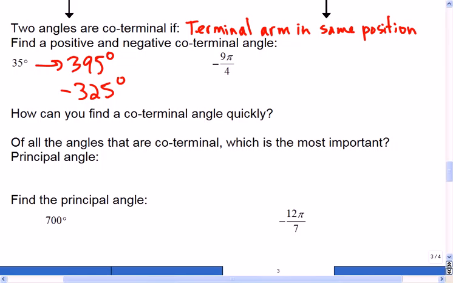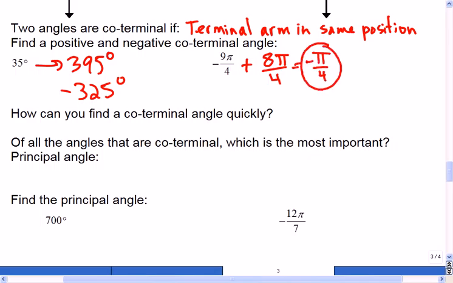Okay? So in radians, we're dealing with not 360 degrees, but how much? 2 pi. So if we're dealing with 2 pi, I'll do it on the board here without my calculator. 2 pi, I could write that as 8 pi over 4. Maybe I'll make this a plus sign. So then I'm going to be at negative pi over 4.